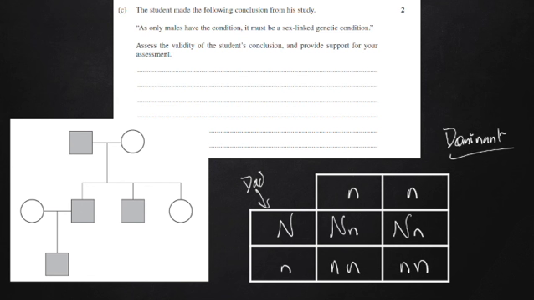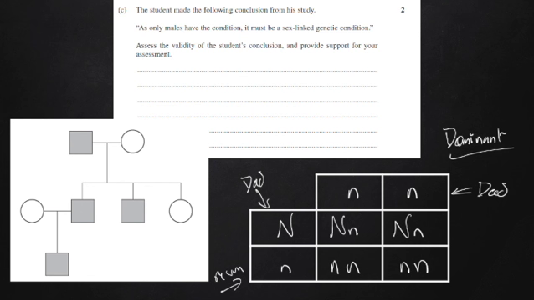All right, what about if it was autosomal recessive? Well, let's just make this dad, and we'll make this mum. That still works as well, yeah. So if it was autosomal dominant or autosomal recessive, with the information we have, that still could be the case.